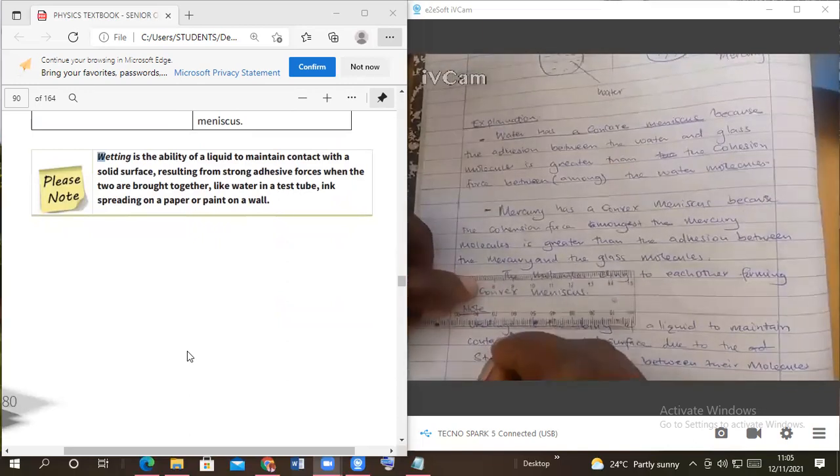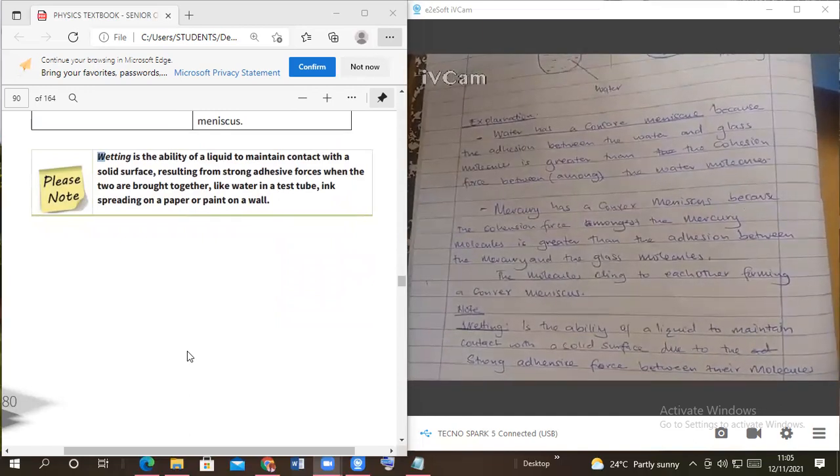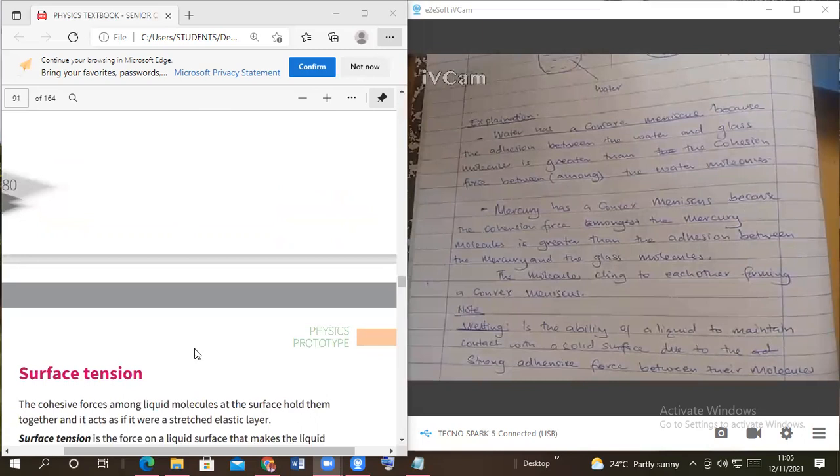So water wets glass. Give the reason why water wets glass. Water wets glass because the adhesive force between their molecules is greater than the cohesive force. So you get to know what we mean by that.